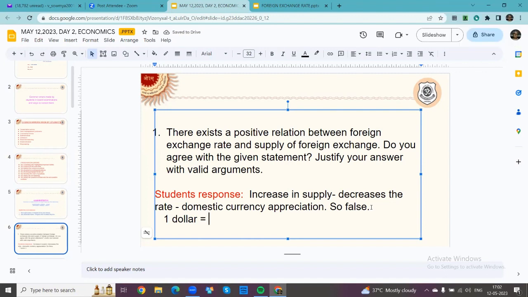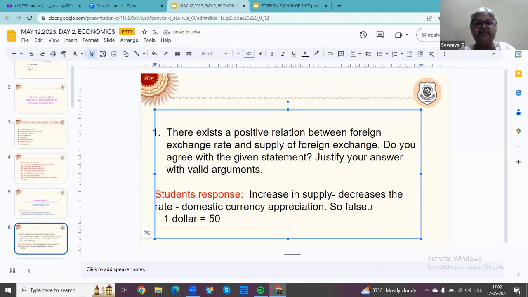Yes, if they are explaining with numericals, that is good. So if $1 is 50 rupees, right? And then what do they say? They are saying that there is a positive relation between the foreign exchange rate and the supply of foreign exchange. So the price that we are paying to procure the foreign currency increases, isn't it?